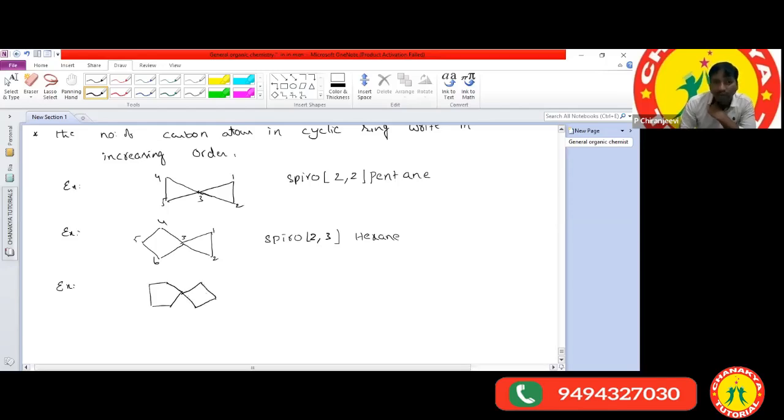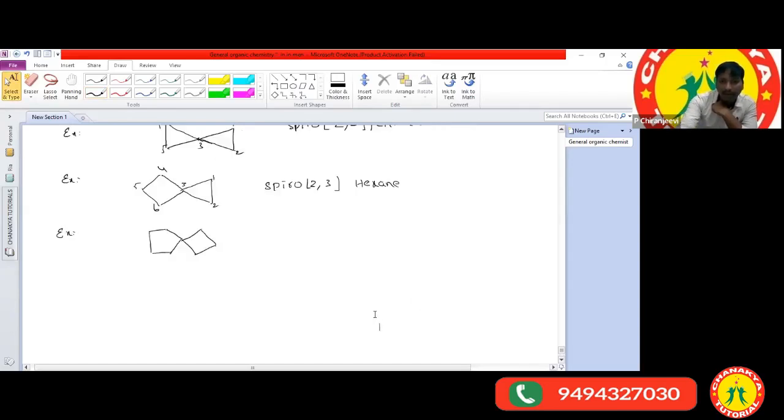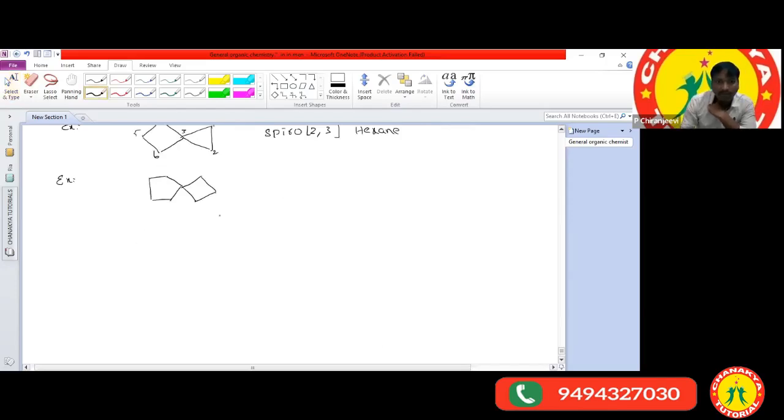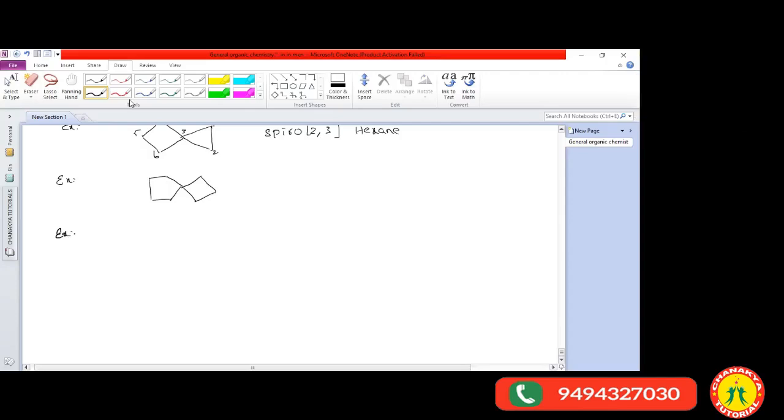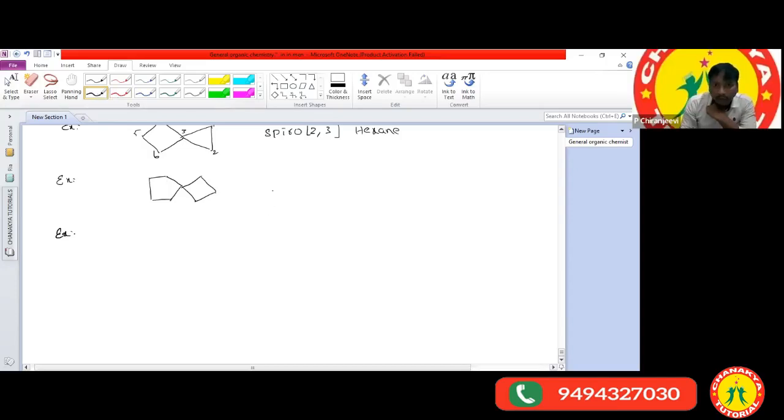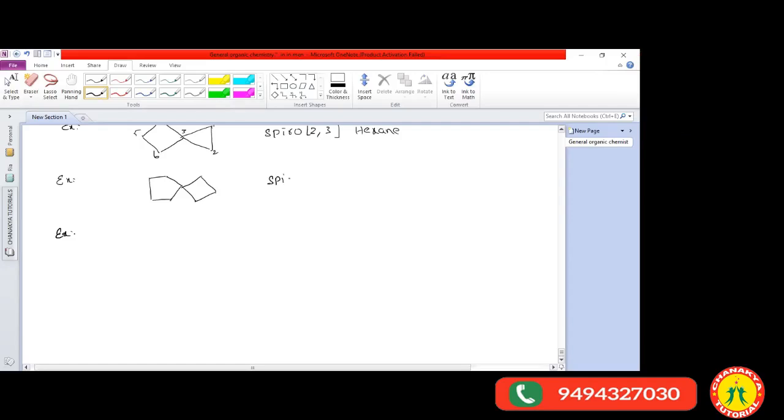Madhusudan, what is the answer for this one? Is it spiro 3, 4 octane?